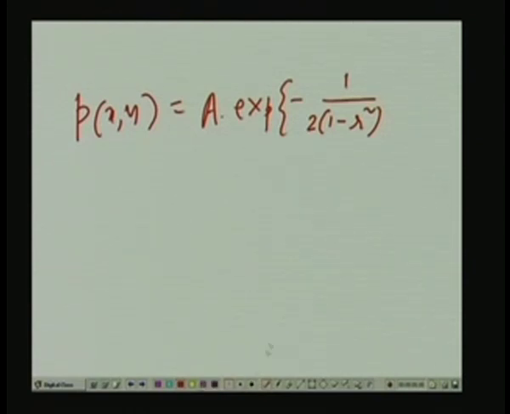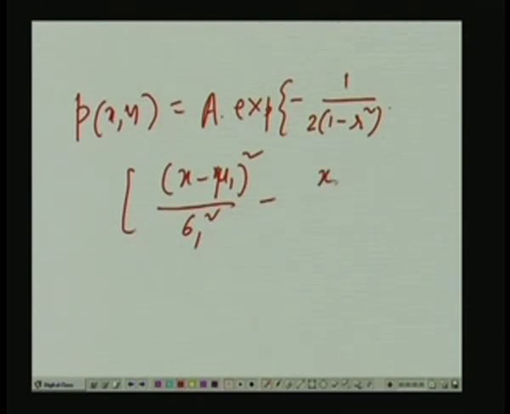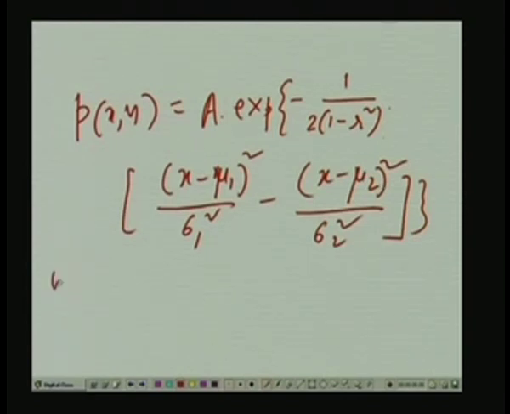Times within bracket, where you see this has to qualify for a probability density function.